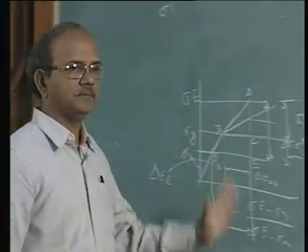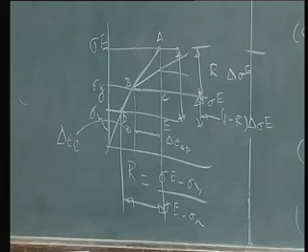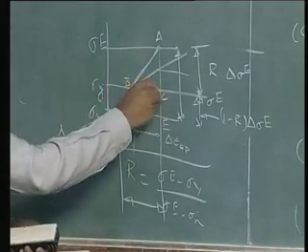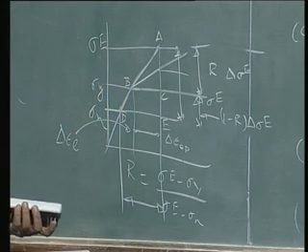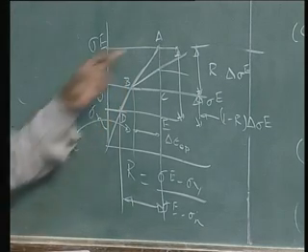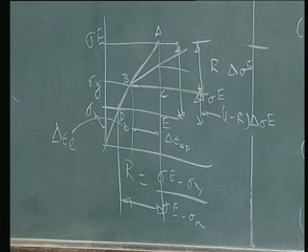So how do you calculate? Yes, what is the principle? That means that ABC and ADE are similar triangles. Okay, so from this I can calculate delta epsilon EP, right?